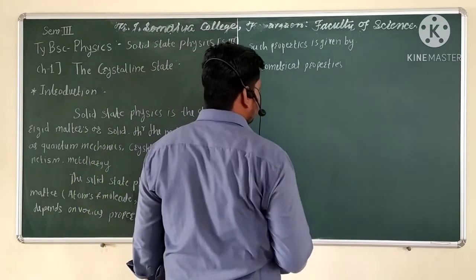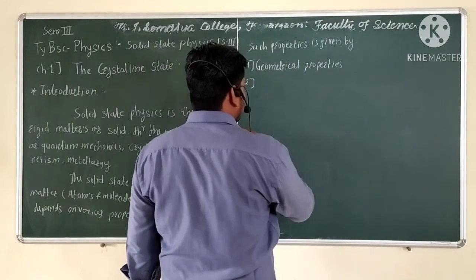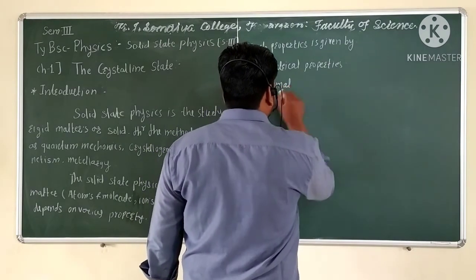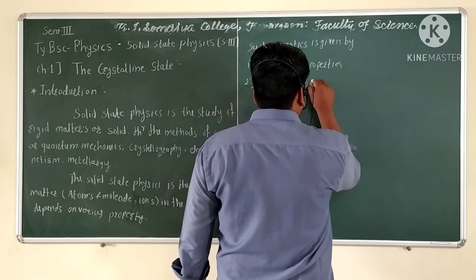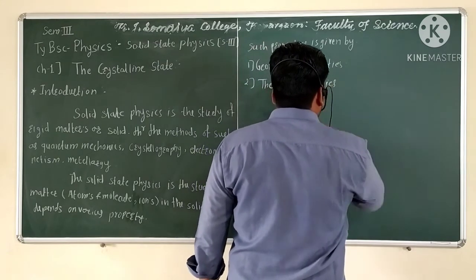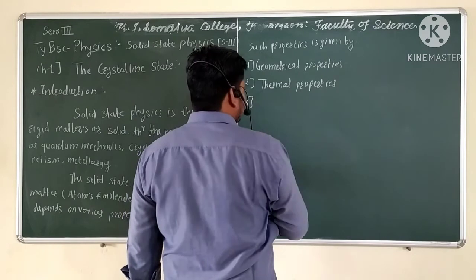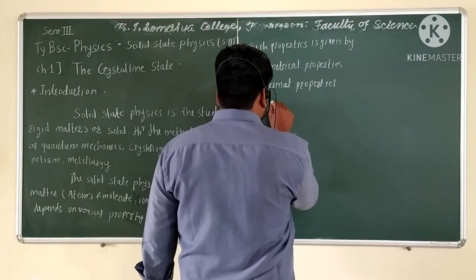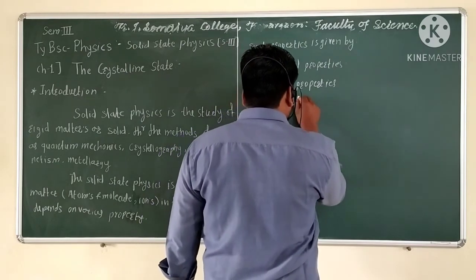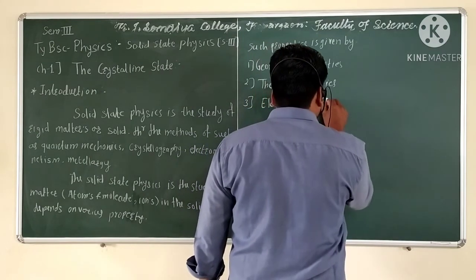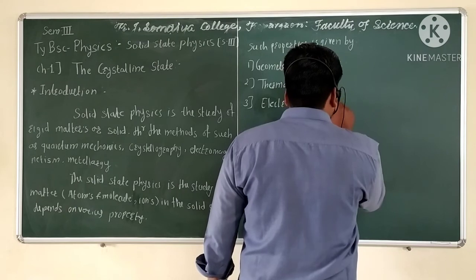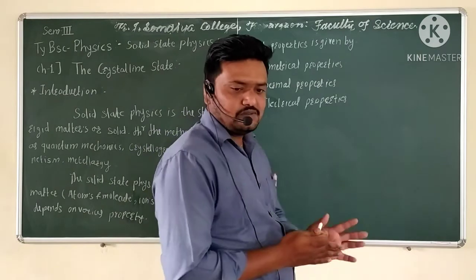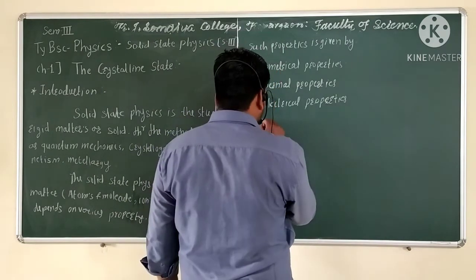So the first is the geometrical property, the second is the thermal properties, the third is the electrical properties, and the next property is the magnetic properties of the material.